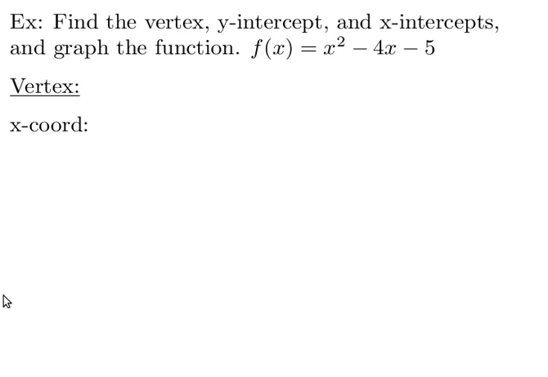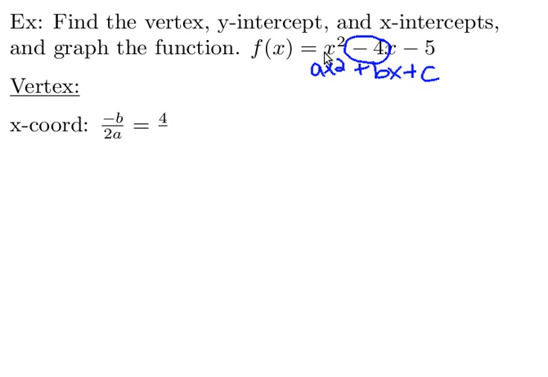b over 2a. So negative b, remember that what we have here is ax squared plus bx plus c. So negative b, b is going to be negative 4, so negative 4 becomes positive 4.